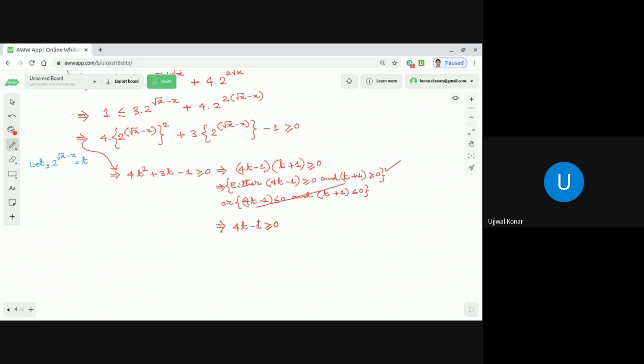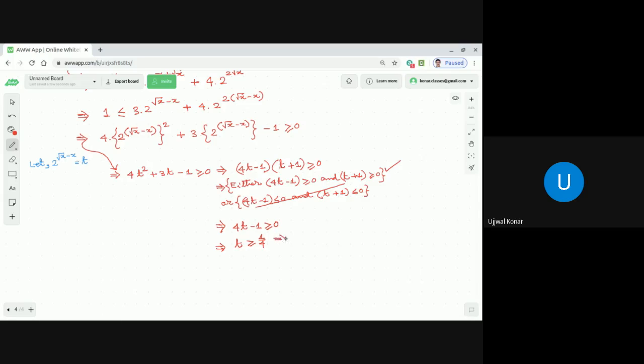That means t is greater than or equal to 1 by 4. What is t here, dear students? t is 2 to the power square root of x minus x. Correct or not?